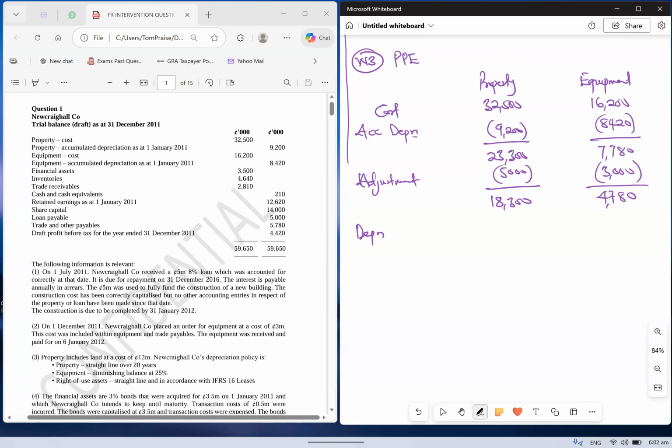Sorry, it is inside this one. So our earlier figure was correct. We can just bring it back. So it's this 32,500 because it's straight line method, minus 12,000, minus the 5,000, all over 20 years. We had 775, right?